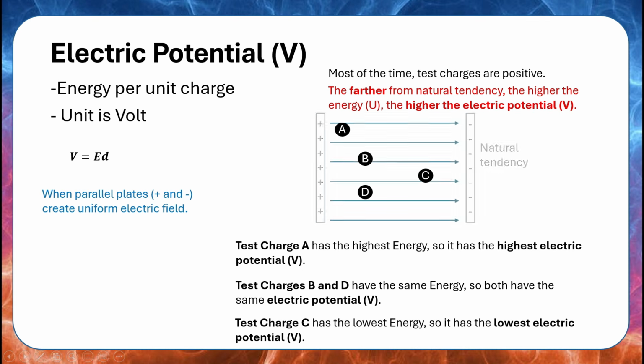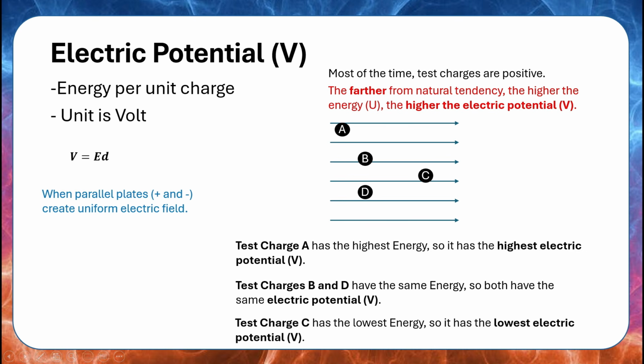Okay? Now, this is what I meant. There are times that they will not show you the plate, but they will show you the electric field. These lines are what we call the electric field. Now, this is tricky because this time you don't know where the natural tendency of these test charges is.